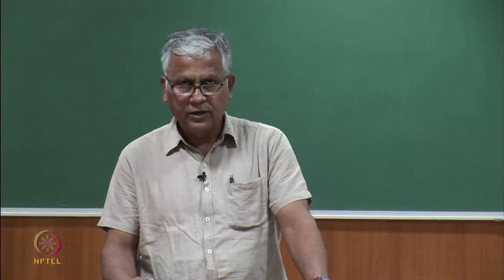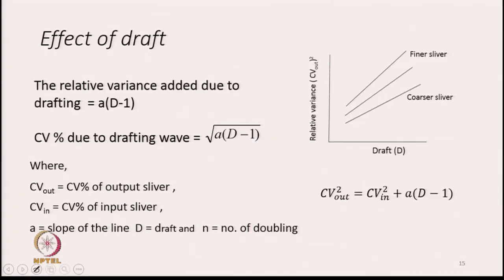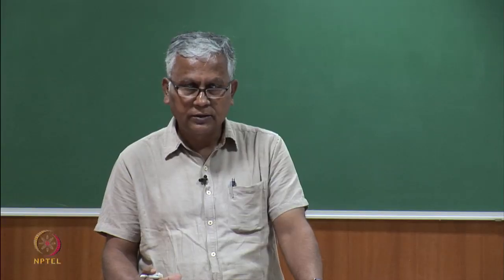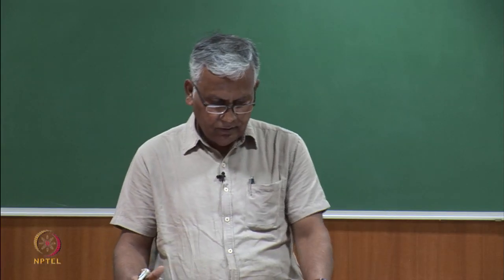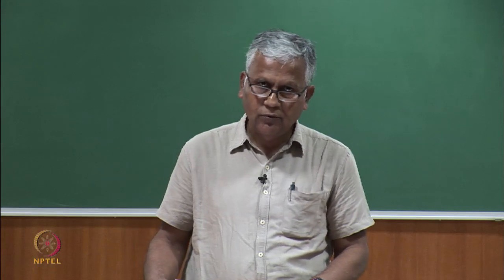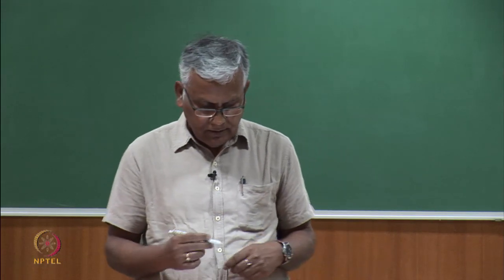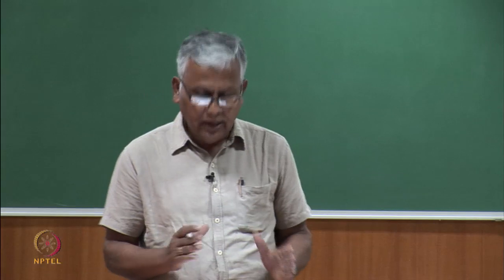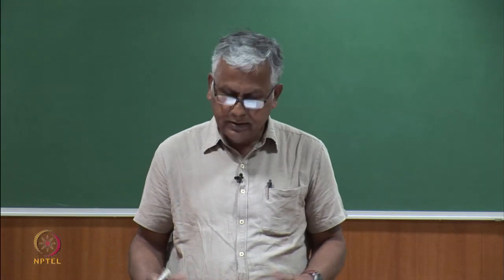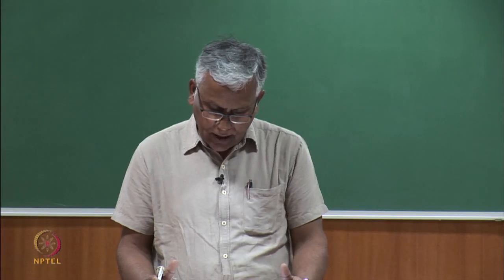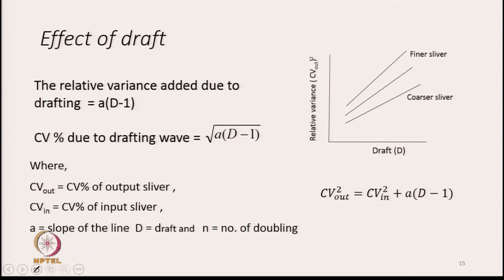First, the effect of draft. What is the role of the magnitude of draft on drafting irregularity? The intensity of the wave is measured in terms of the relative variance, that is the square of CV. Now, here the diagram is shown.